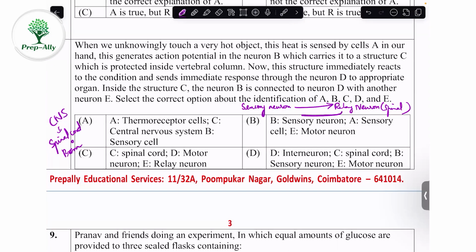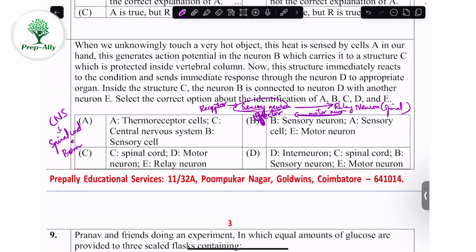The receptor is here, and here they have the effector. So through sensory neuron it is carried to relay neuron, and from relay neuron it is carried through motor neuron to the effector. That is the actual pathway. That is the reflex arc.